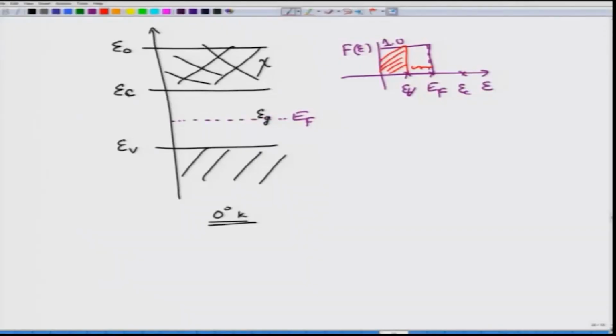You will not see that half probability coming up in the step-like function, but if you raise the temperature, because some of the electrons can now get sufficient thermal energy to move from the valence to the conduction band, there will be some non-zero value of electrons once the energy is greater than EF. So, there is a finite probability that electrons can be found in the conduction band as the temperature is raised, and there is a finite probability that not all the energy levels below this Fermi level will be filled.